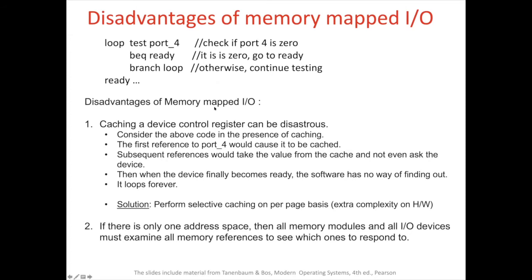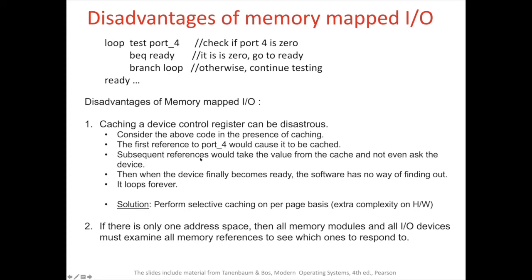Disadvantages of memory mapped I/O appear when caching is used. Caching a device control register can be disastrous. Consider the above code, the one that we considered in the previous page, in the presence of caching. The first reference to port 4 would cause it to be cached.